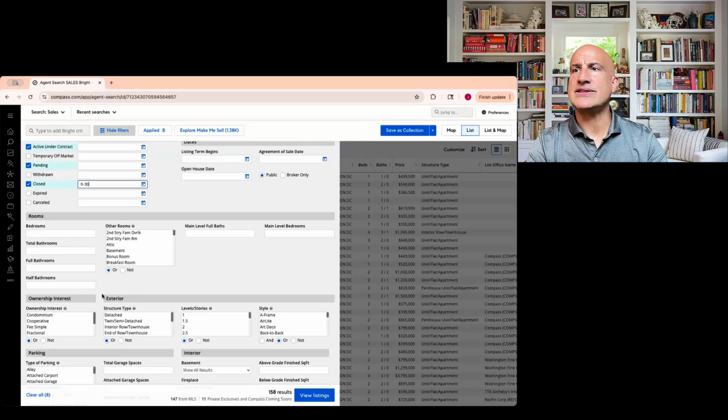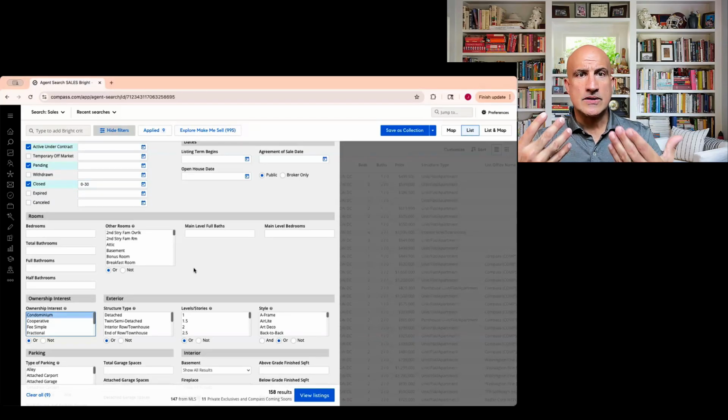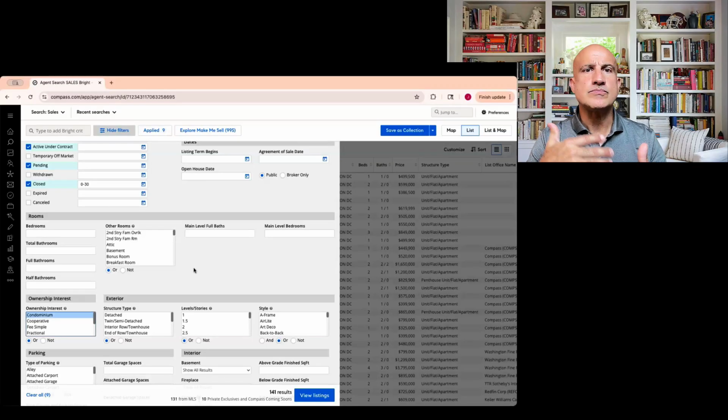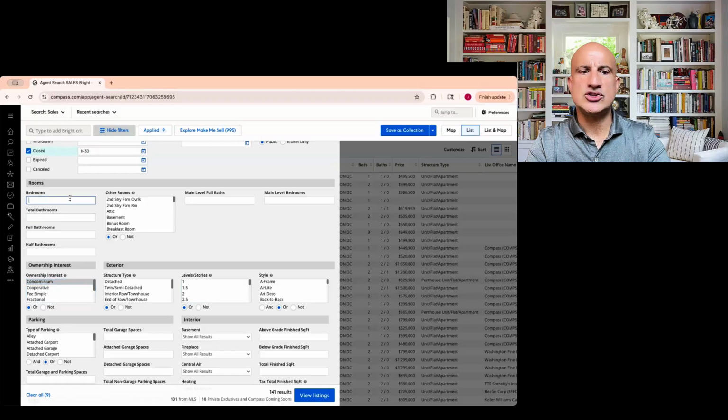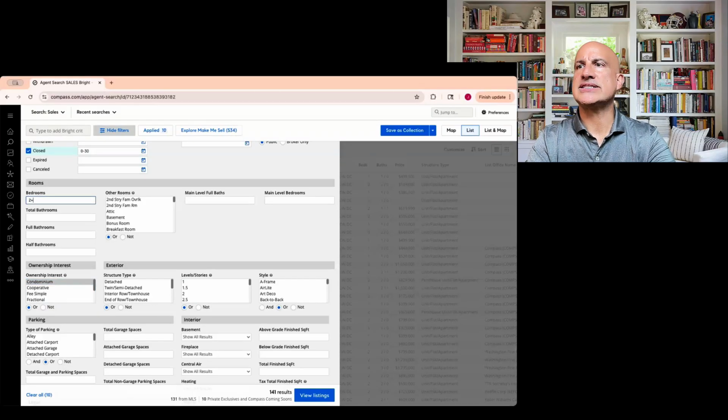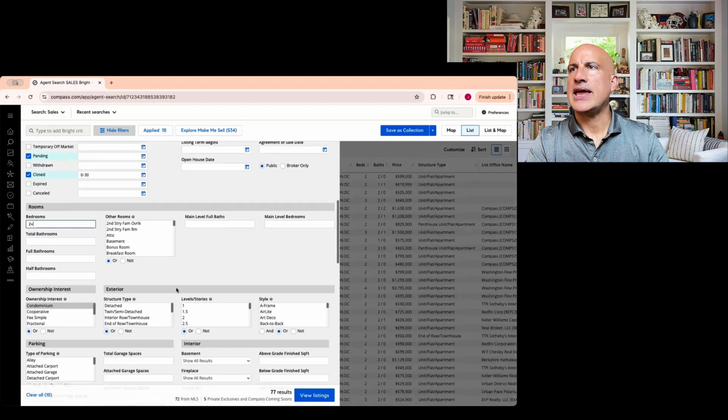In this case, the subject property is a two-bedroom condominium. In looking at success rate, just like absorption rate, we want like properties. So we're going to look at condominiums, specifically two-bed plus condominiums.